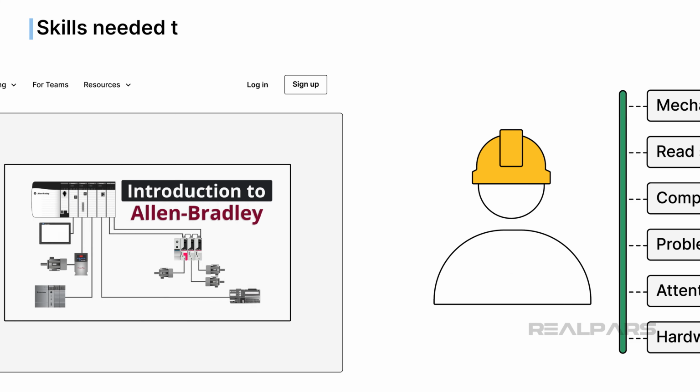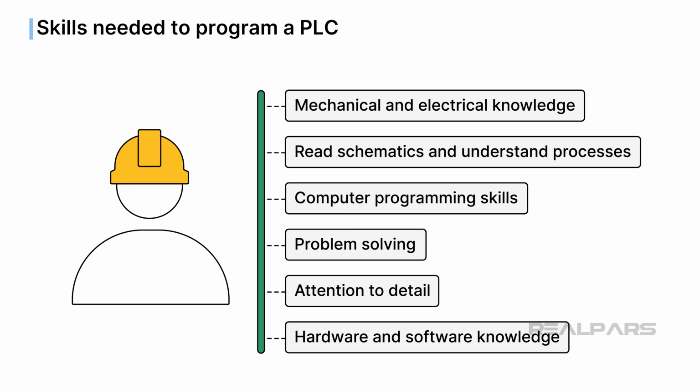Control systems engineers, programmers, and technicians need to have mechanical and electrical knowledge. The ability to read schematics and understand processes is also necessary because this must be put into logic for the PLC to achieve the desired states needed to run a process. Computer programming skills, problem solving, and attention to detail are required.